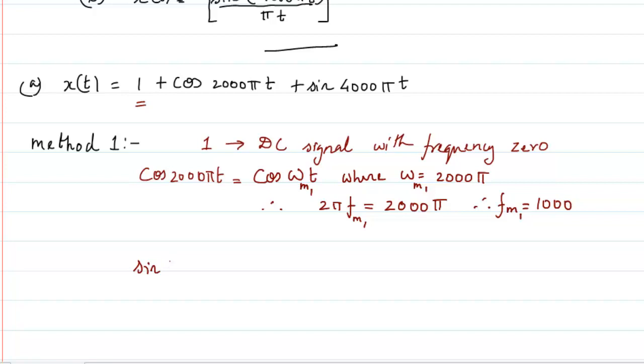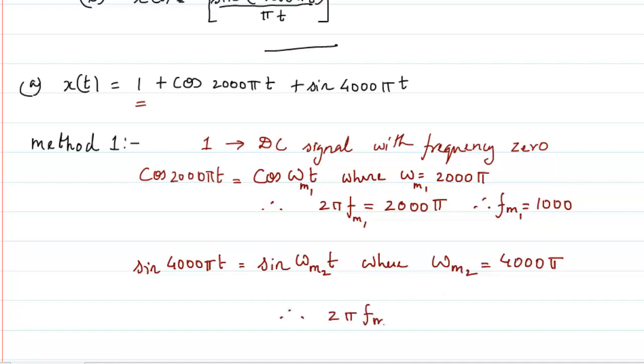So sine 4000 pi t can be imagined as sine omega m2 t, where omega m2 is going to be 4000 pi. In that case, omega can be written as 2 pi fm2 equal to 4000 pi. Therefore fm2 is 4000 divided by 2, which comes out to be 2000.